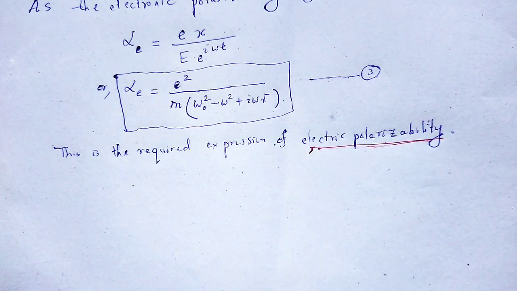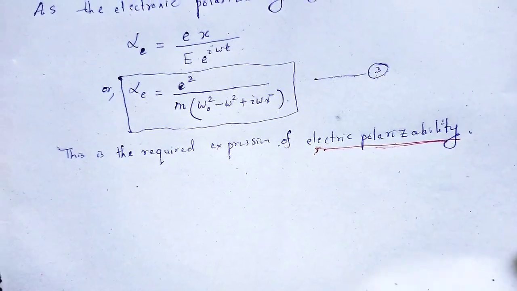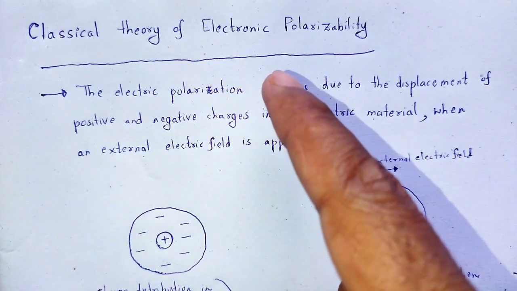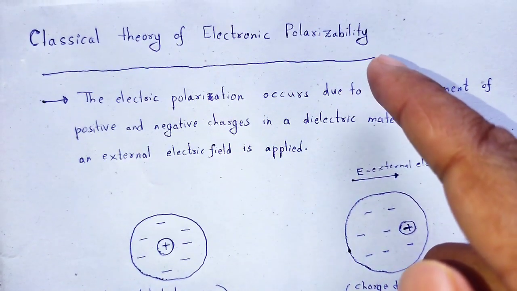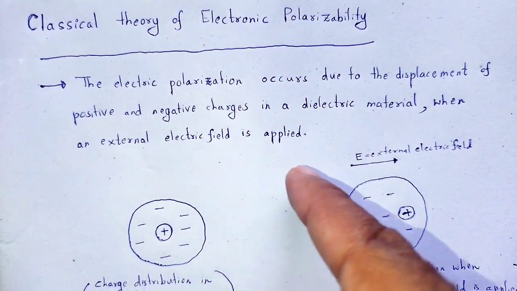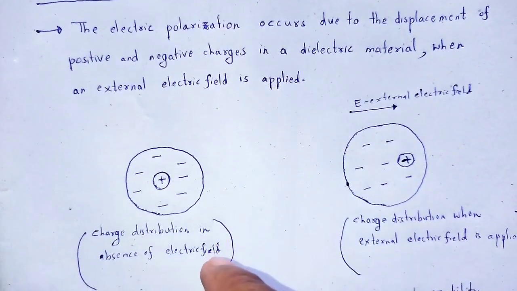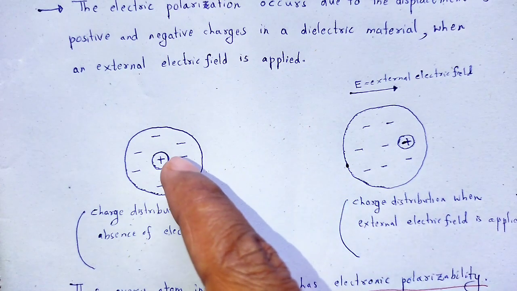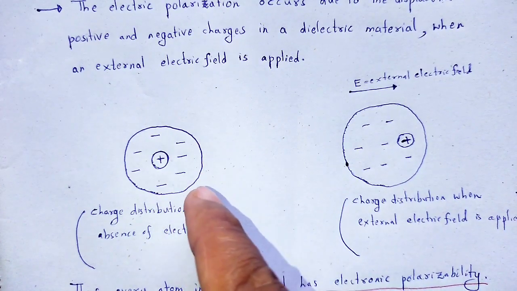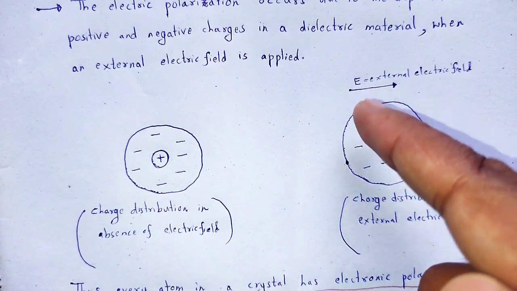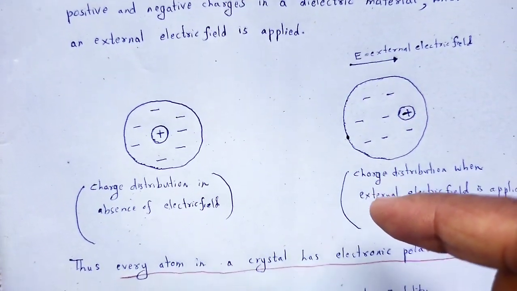That is electric polarizability. So with the help of this video lecture, we understand the concept of classical theory of electronic polarizability. First we define what electronic polarizability is, what exactly happens when there is no external electric field, and what happens when an external electric field is applied.